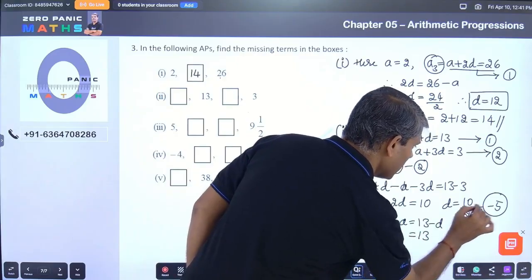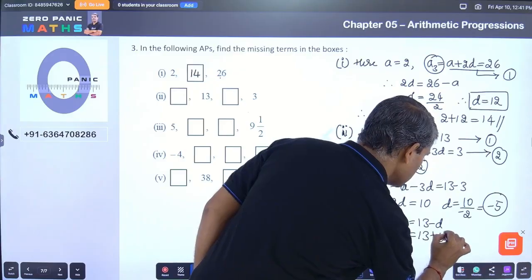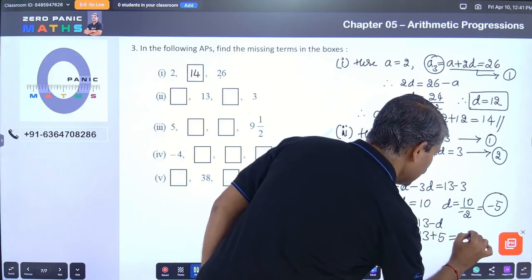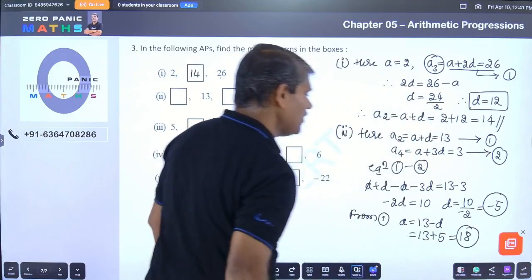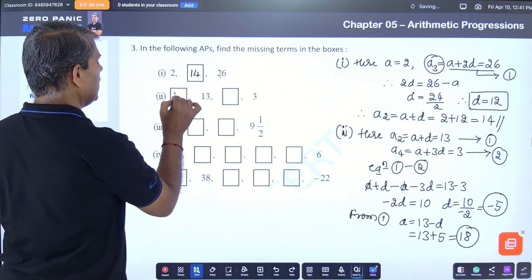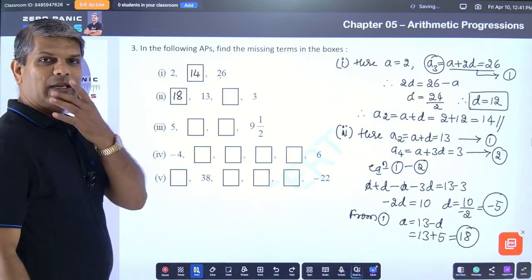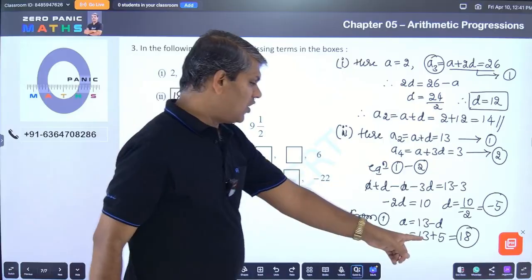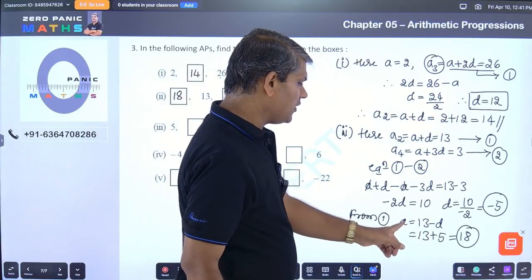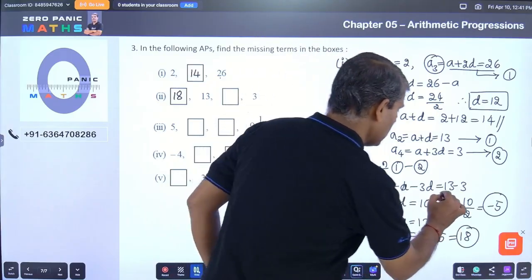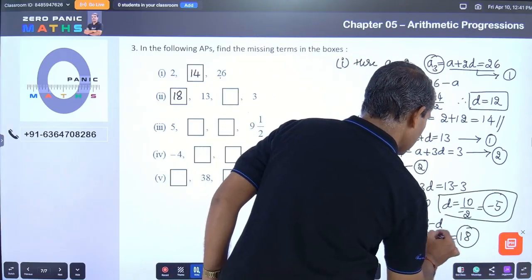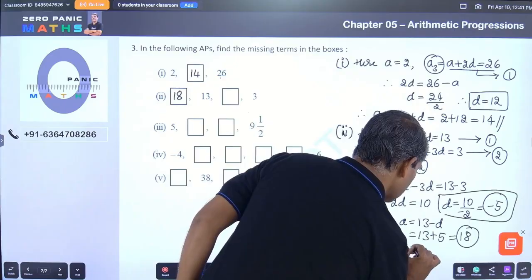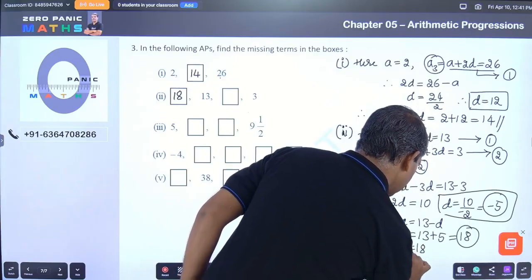It is minus 5, so 13 plus 5, which is 18. So we found the value of A, we found the value of D. You can mark those. A is equal to 18.